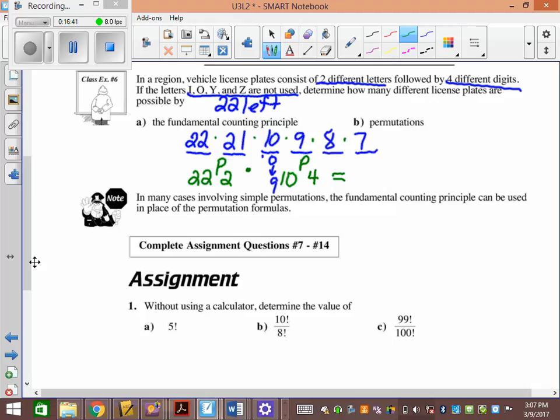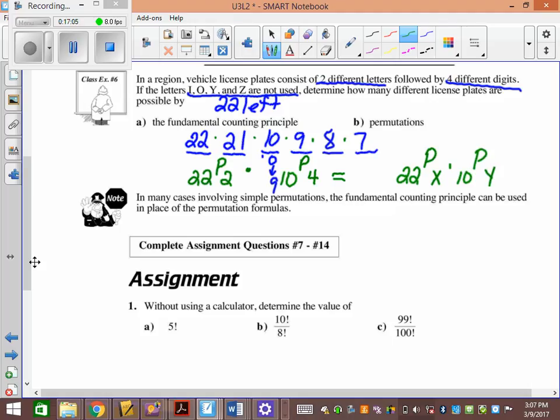Now, what's stopping you from going 22P2 times 10P4, getting an answer, taking your answer and matching them? What's stopping you from doing that? Nothing. However, it could be a numeric response where they go 22Px times 10Py. What's x times y?